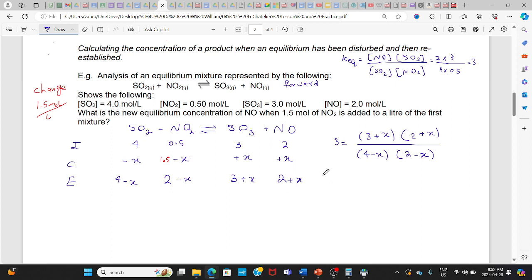So that would be 3 times (3 plus x)(2 plus x), which is x squared plus 5x plus 6, times 3.